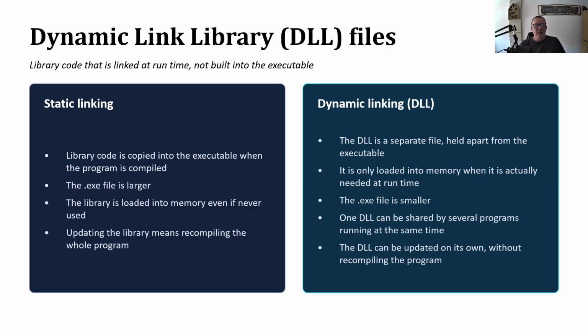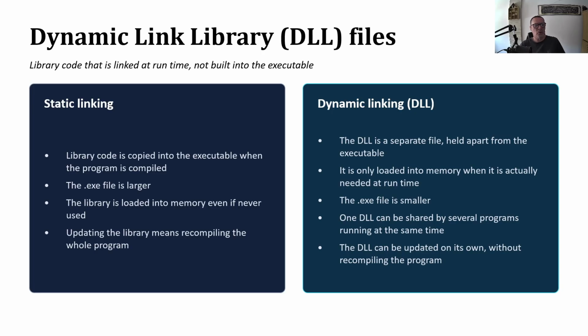So a dynamic link library is code that's linked at runtime. So not when you're compiling it, but it's only brought in when you're actually executing. So in static linking, if you're using library code, that code is copied into the executable. So the executable will be larger.